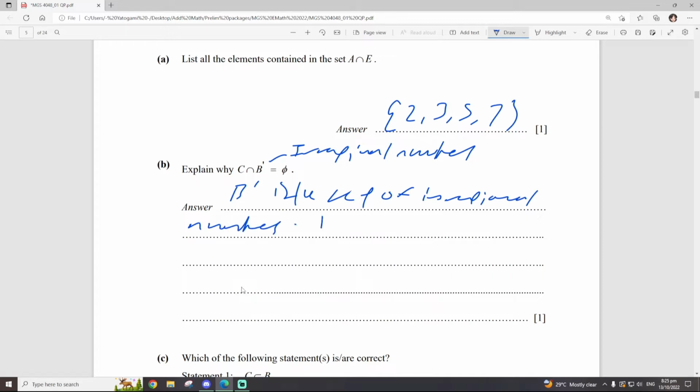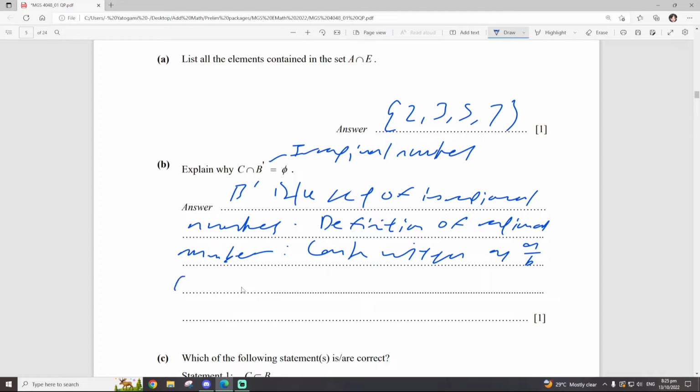Definition of rational number: for those of us who are not aware, a rational number can be written as a over b for integers a and b, where b is not 0.